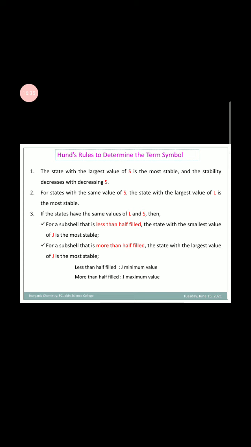Rule 3: if the states have the same value of L and S, then for a subshell that is less than half filled, the state with the smallest value of J is the most stable. For a subshell that is more than half filled, the state with the largest value of J is most stable. Less than half filled, J minimum value; more than half filled, J maximum value.